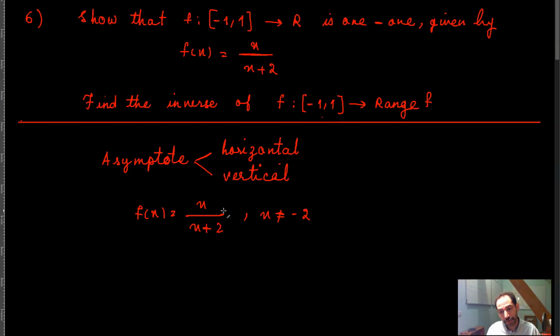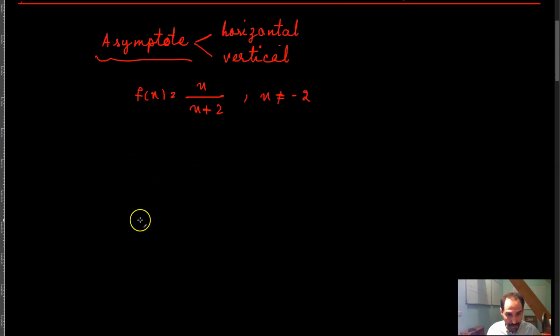So when x gets close to -2 from left and right, your function goes to positive infinity very fast, or goes to negative infinity very fast, which gives rise to the idea of the asymptote. The asymptote is something like this.